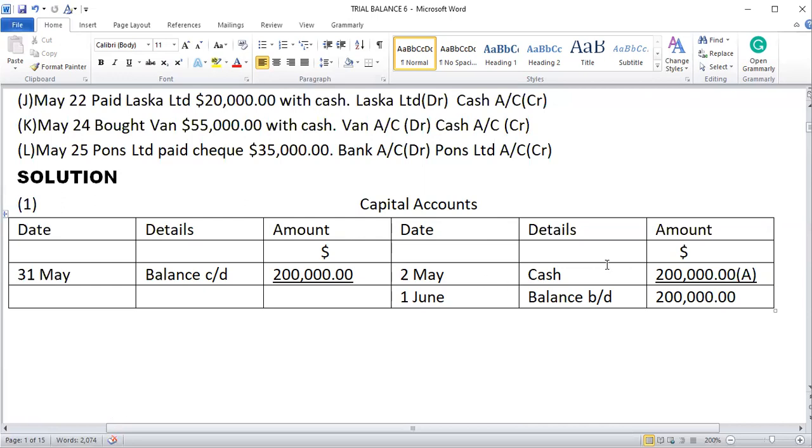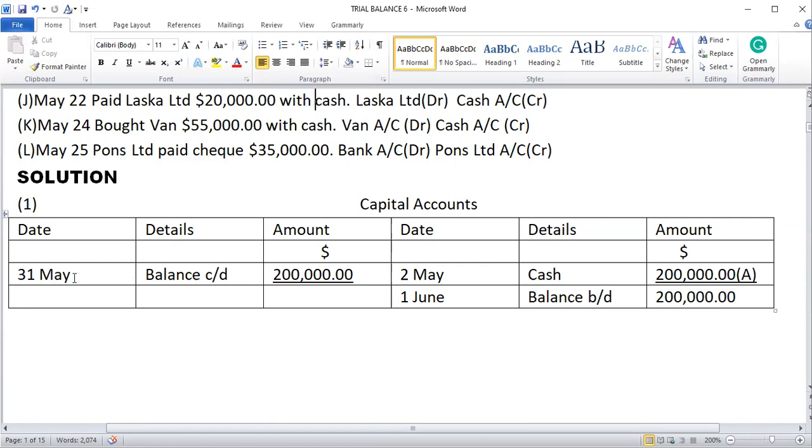The one that is bigger, you underline it. Then you bring the same amount that you have underlined to the opposite side. Then you carry it down. So when you carry it down, you close it. Then you bring it down to the next period. You carry it down. The carry down should be what?